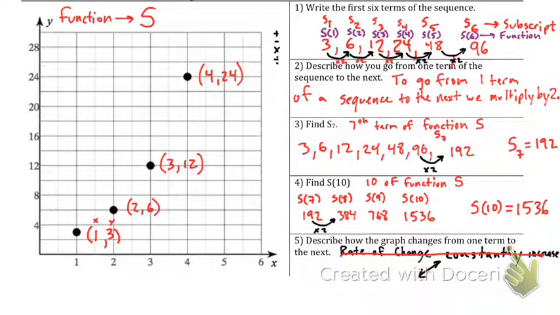Okay, so when that happens, we describe the rate of change differently. So we would say the rate of change is increasing.